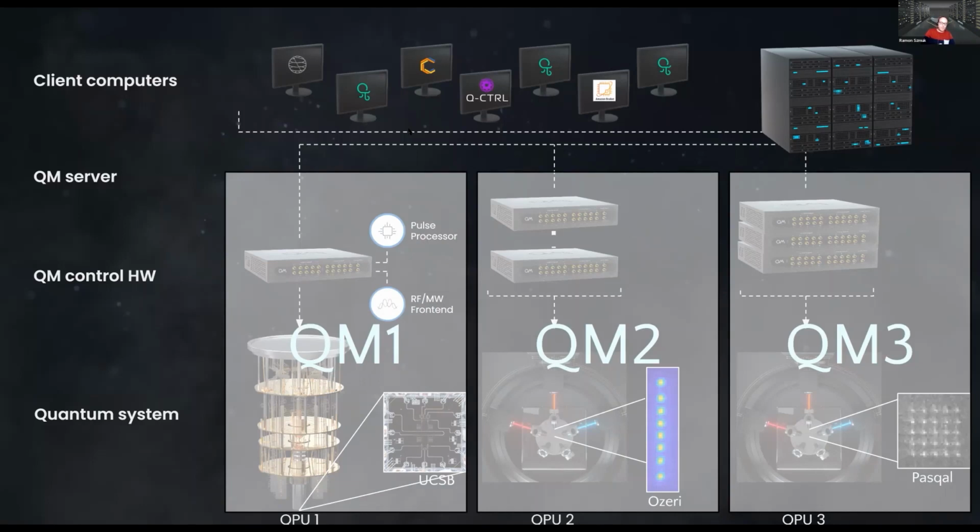We're in collaboration with Q Control to work on optimal control pulses, and you can download QUA scripts and sequences from our GitHub, or download QUA code from some researcher, and it will just execute seamlessly.